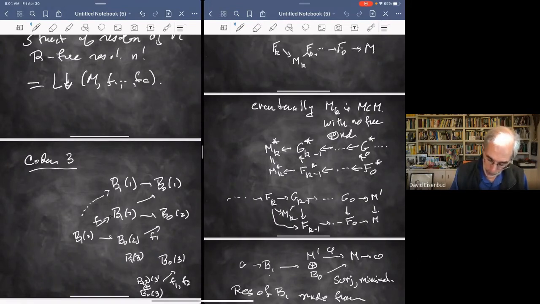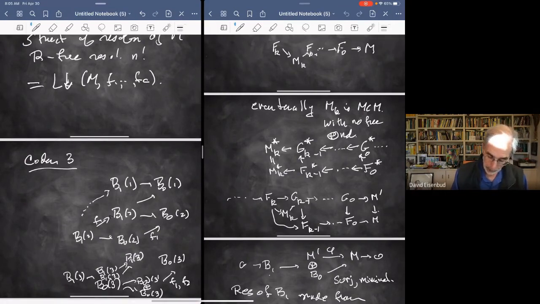Here we have the Koszul complex on 2 generators tensored with that. So we have another copy of B0 of 3 out here with F2 and F1, and yet another copy of this whole Koszul complex coming from B1 of 3. So there'll be 2 copies of B1 of 3. Sorry to make this so small. Obviously didn't plan my space very well. And yet another B1 of 3 out here.